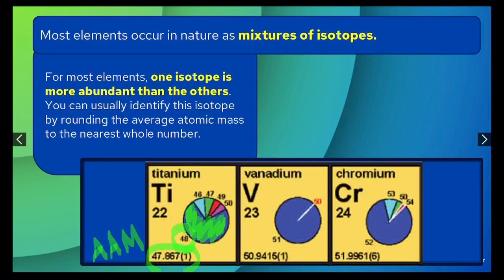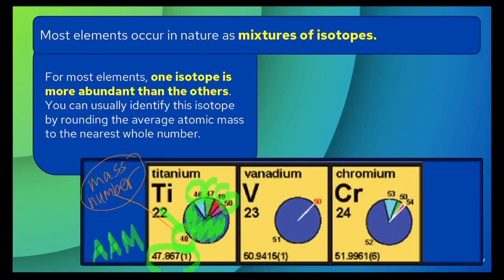You can see it takes up the majority of the pie chart. But there are also other isotopes of titanium available in nature, and they include titanium-46, titanium-47, titanium-49, and titanium-50. These perfectly round whole numbers represent the mass number of an isotope, not to be confused with the average atomic mass.